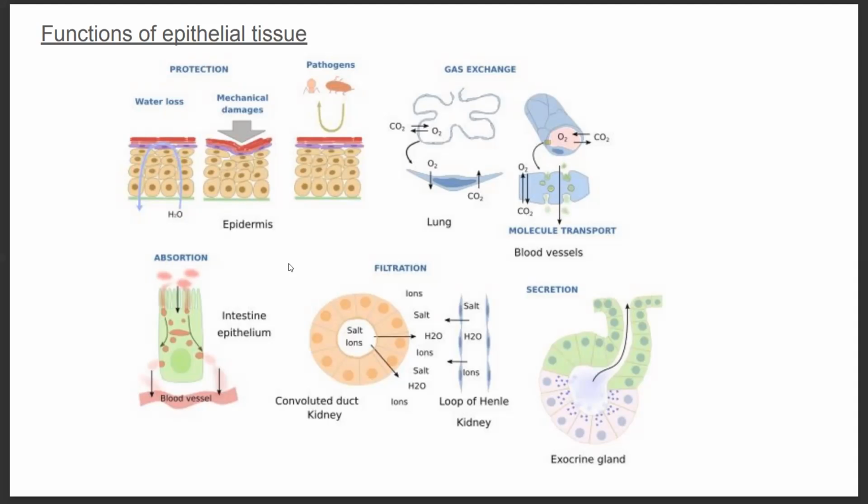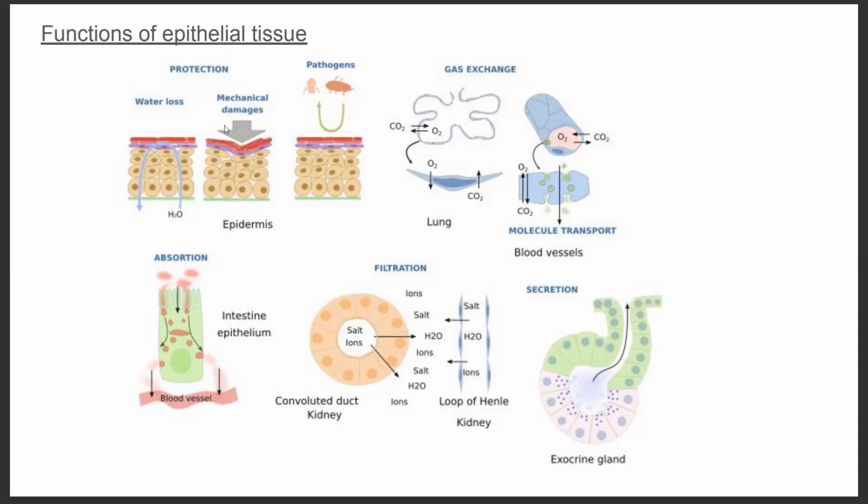And respiratory gases like oxygen and carbon dioxide diffuse through the epithelial tissue there. Okay, so the first function is protection, second one secretion, third one absorption. Those are the three functions of epithelial tissue.